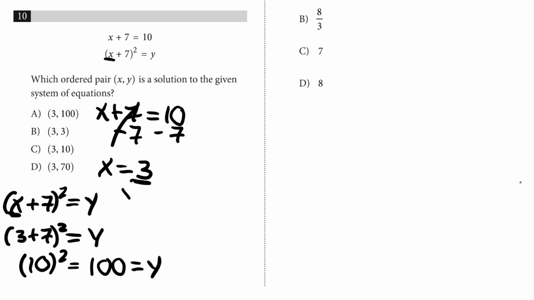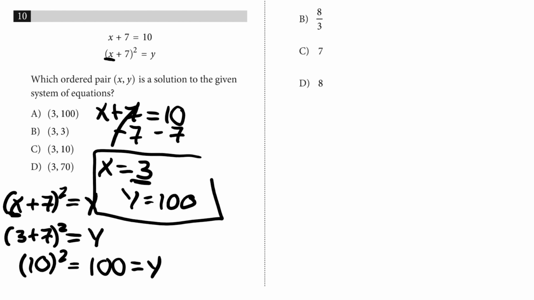So we have that y equals 100 and x equals 3. If we plug this into an (x, y) ordered pair, we're going to get (3, 100).